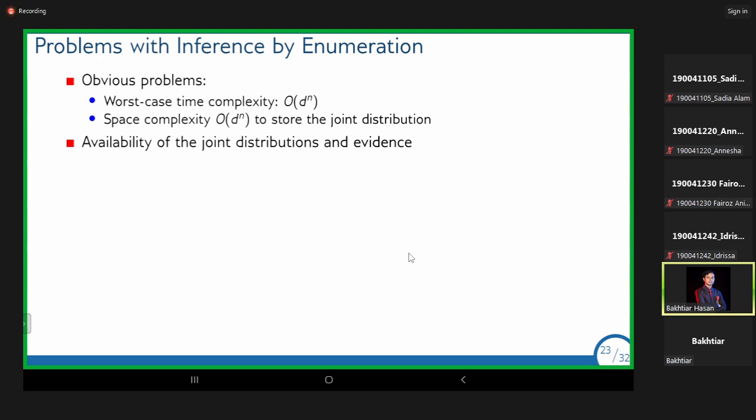We need to see an exponential amount of evidence as well. Let's say we have to track weather, season, and temperature day to day for thousands of days before we can conclude that this is a joint distribution table we can work with. So this giant table of everything is not going to work.